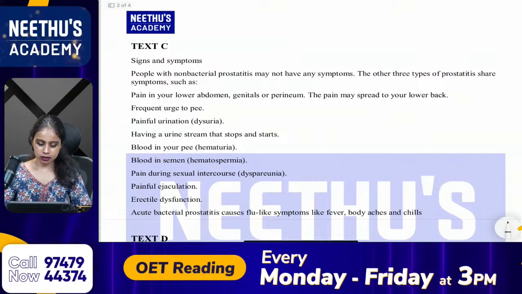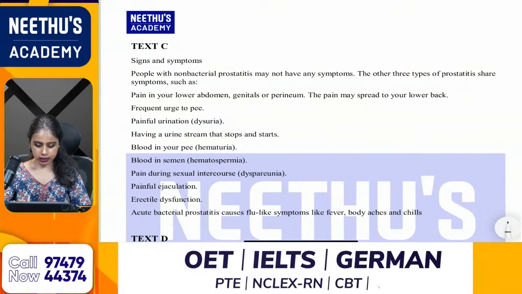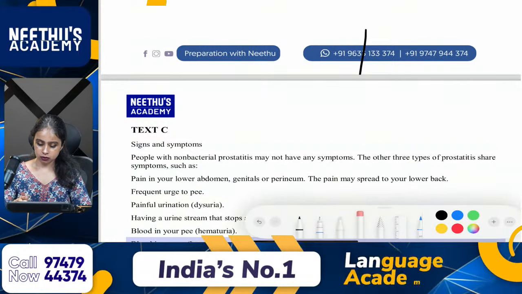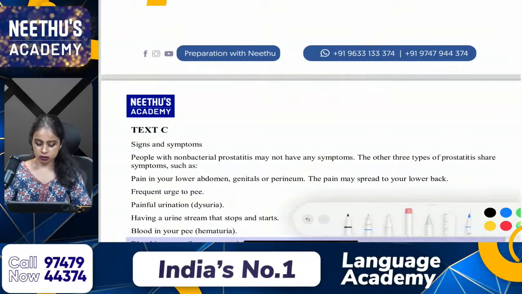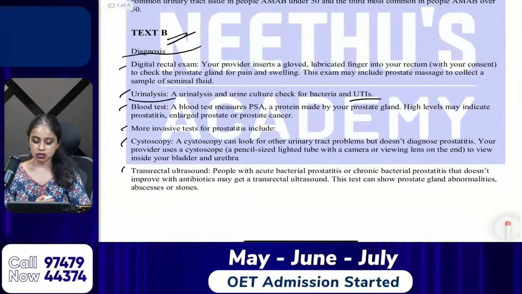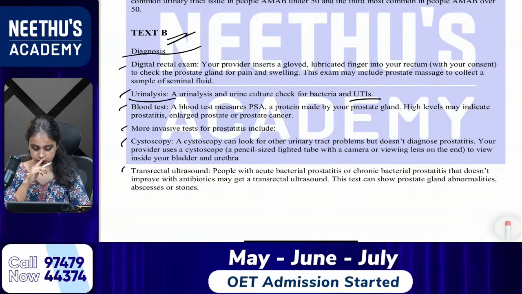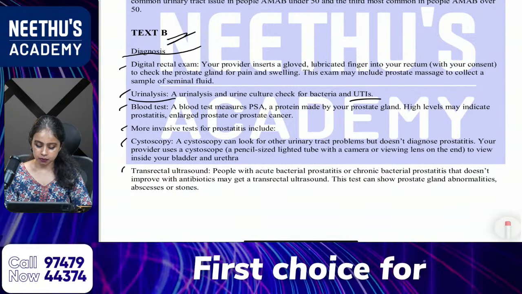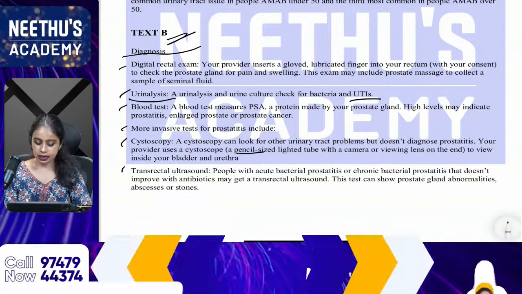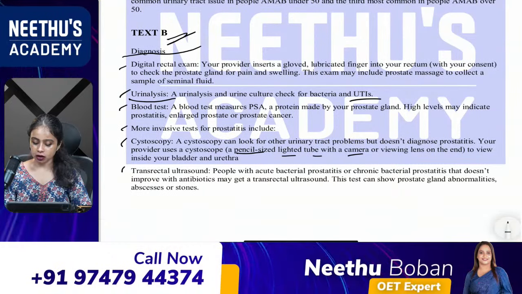So the methods, it is from text B. As you can see here, we are using which instrument? These are the keywords from the question: pencil-sized lighted tube with camera and lens.